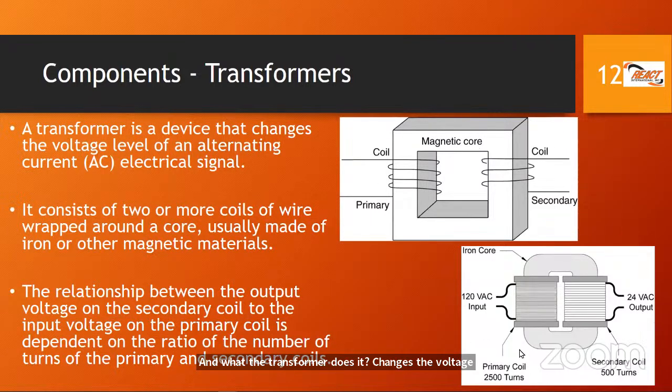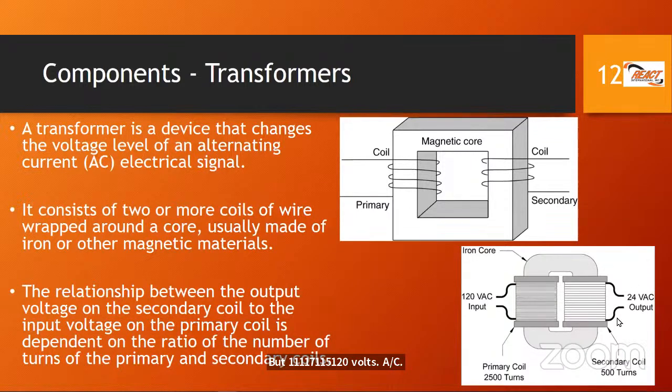If you look at the diagram in the bottom right-hand corner, you will see that we have line voltage of 120 volts coming in. That's your house supply, or what you get in your receptacle outlet when you plug in. Some persons may get a different voltage depending on what country you are located in. But 110, 117, 115, or 120 volts AC might be your typical input voltage when you plug into the wall.